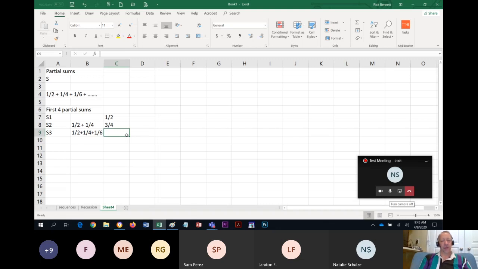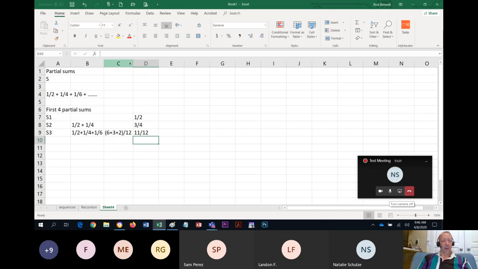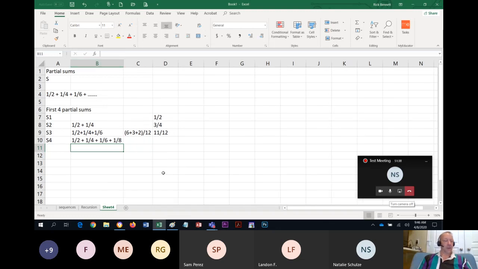So 6 plus 3 plus 2, all divided by 12, which would be 6 and 3 is 9 and 2 is 11/12. So that's 11/12. S sub 4 would be 1/2 plus 1/4 plus 1/6 plus 1/8, and you can get the idea. I won't do that one. Does that make sense when we're talking about partial sums?